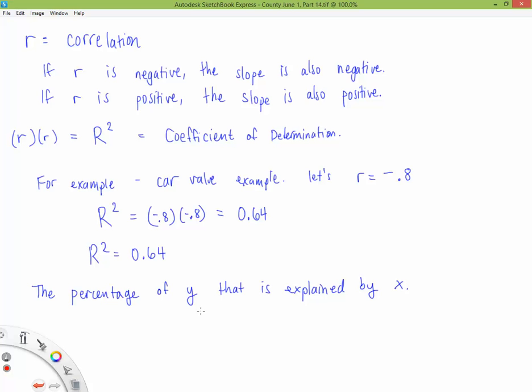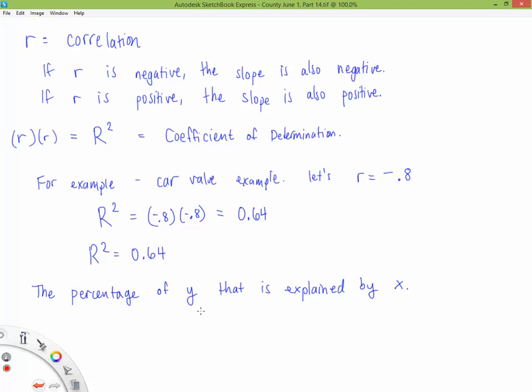What this R squared tells us is that the age of the car explains about 64% of that number you get. That's because age is often related to all of these other things, like mileage highly correlates with age, meaning high age goes with high mileage.